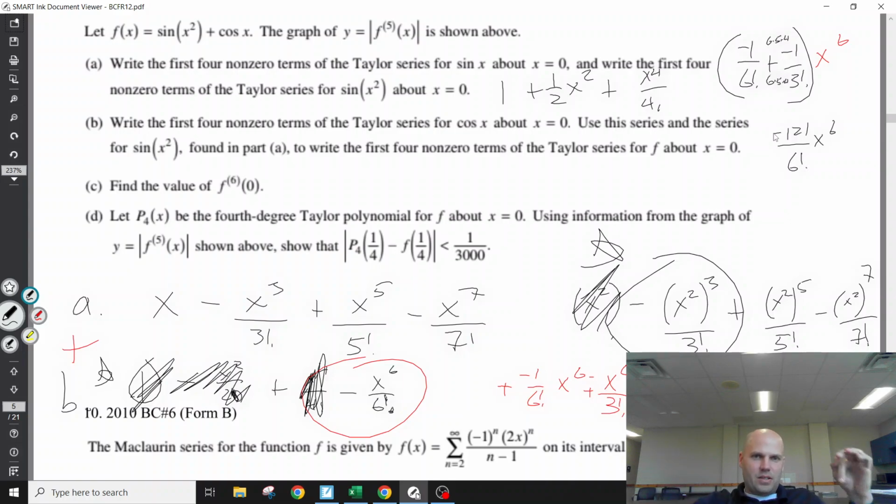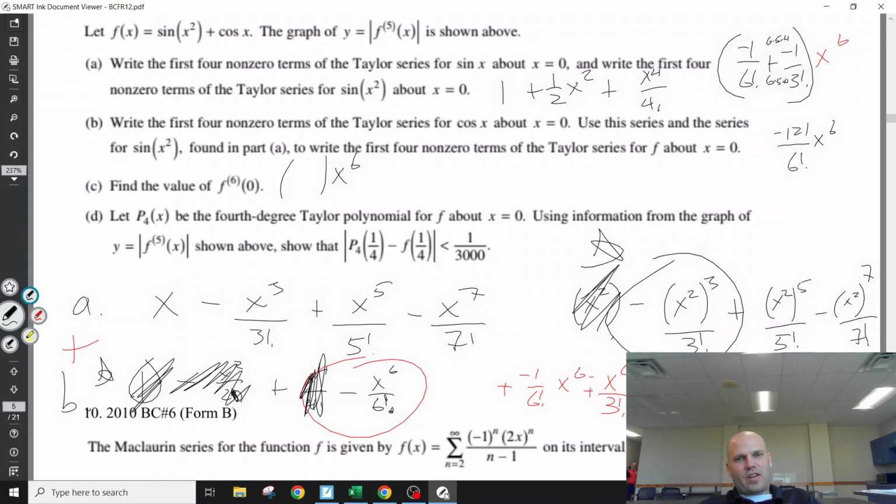And then they ask you to find the 6th derivative. And that's mean, because you got the x to the 6th term, but times this weird thing. Negative 1 over 6 factorial and negative 1 over 3 factorial.